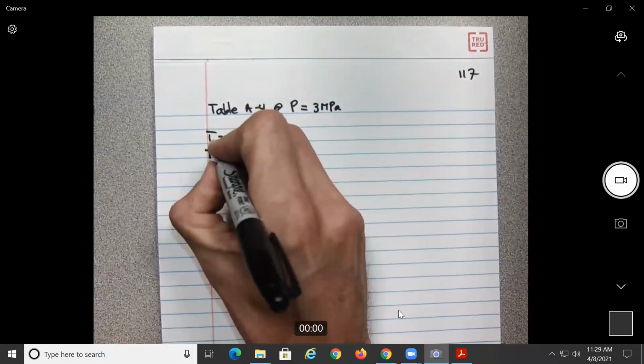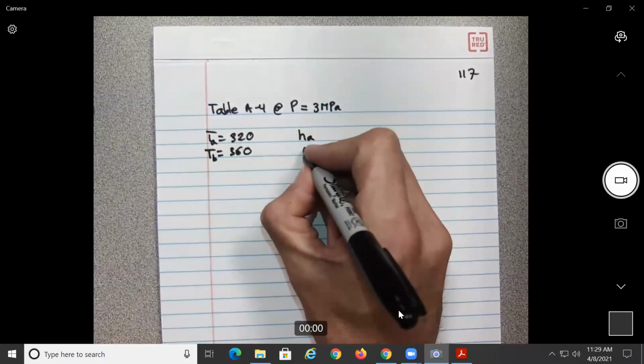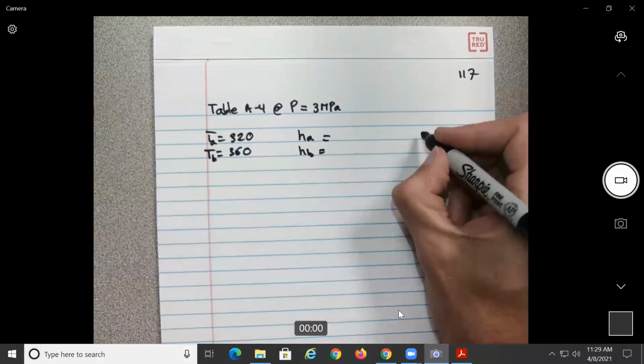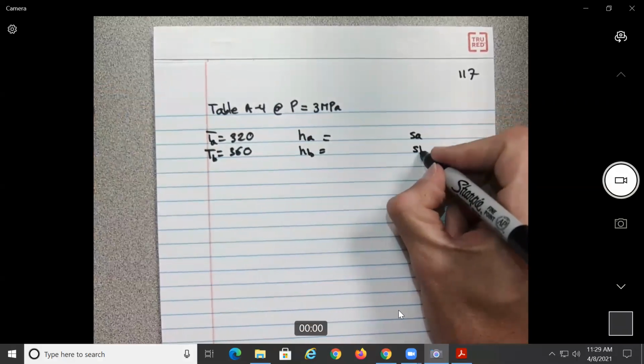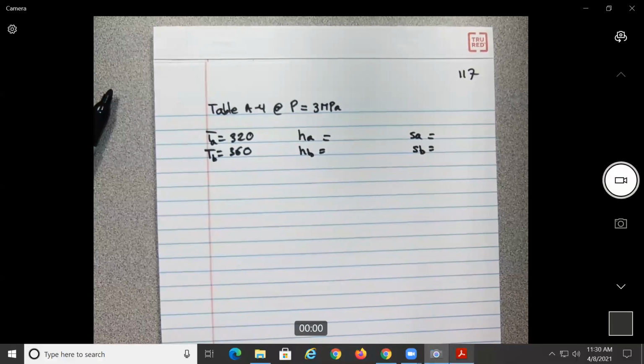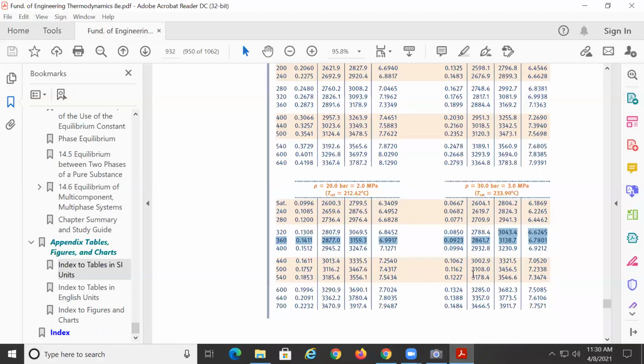This will be T sub A, T sub B, H sub A, H sub B. And then here we'll have S sub A, S sub B. So we're gonna have H sub A equal to 3,043.4.